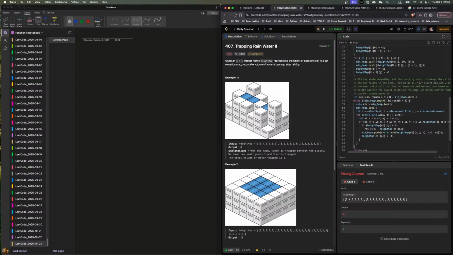Wait, hold a second. No, this is, right? This is remaining. We push one in, which means we have visited it. So yeah, it's right. That means we have visited.